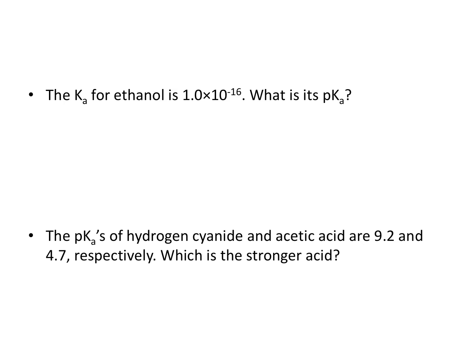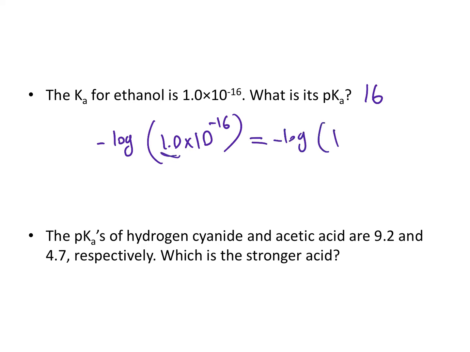What is its pKa? 16, right? You say minus logarithm of this number, which, as I said, 1 multiplied by any number is 1, and then this part is minus 16, so it would be plus 16.